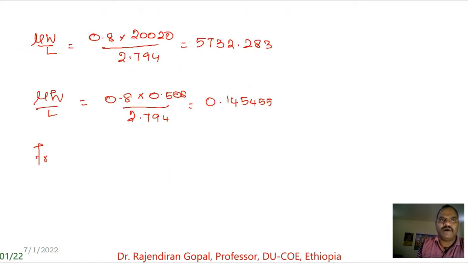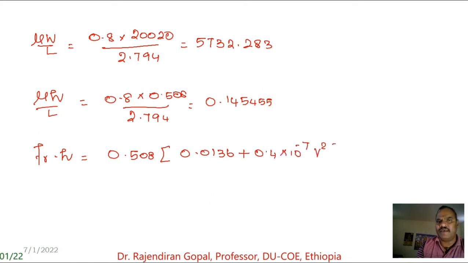Then Fr·H = 0.508 × (0.0136 + 0.4 × 10^-7 V²) = 6.9088 × 10^-3 + 2.032 × 10^-8 V².